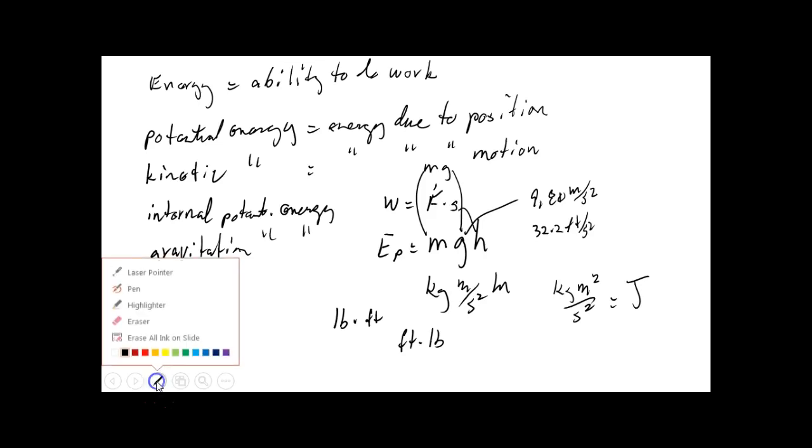Okay to erase? Okay. So here's example 1 on page 215. A wrecking ball of mass 200 kilograms. There's your wrecking ball. It's example 1, top of page 215.